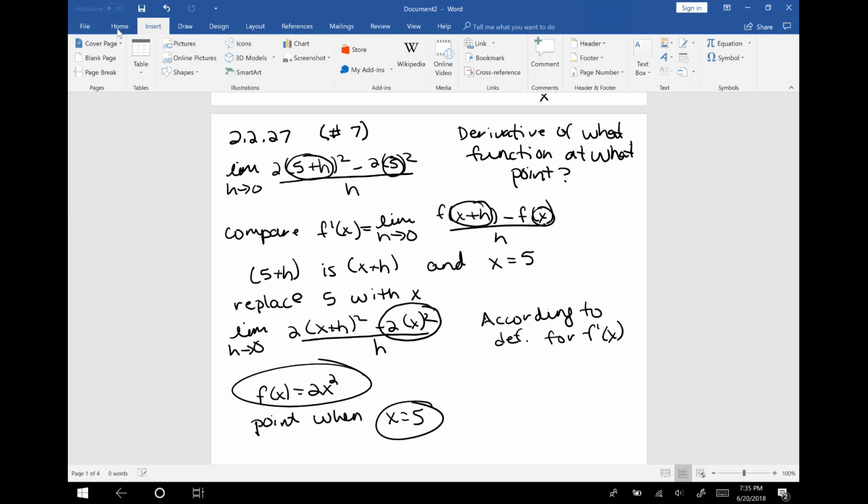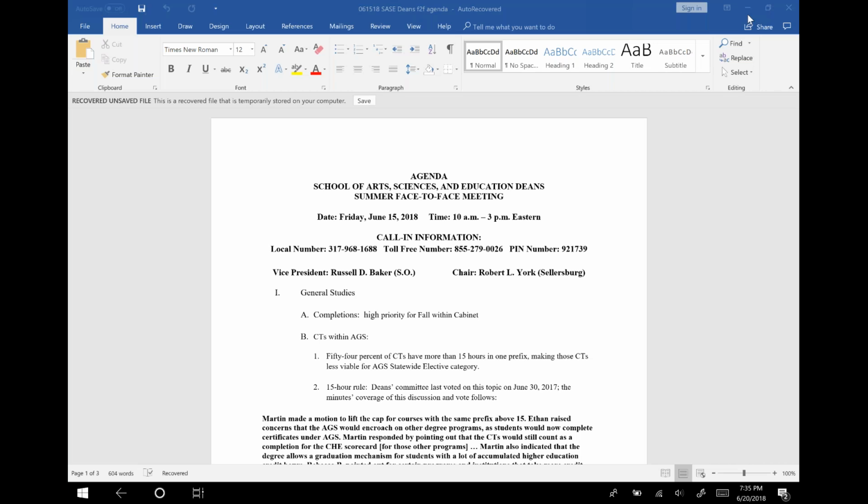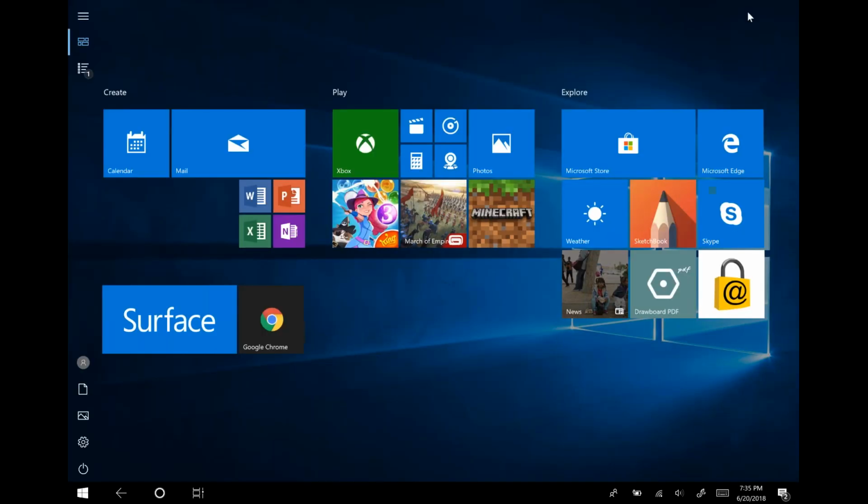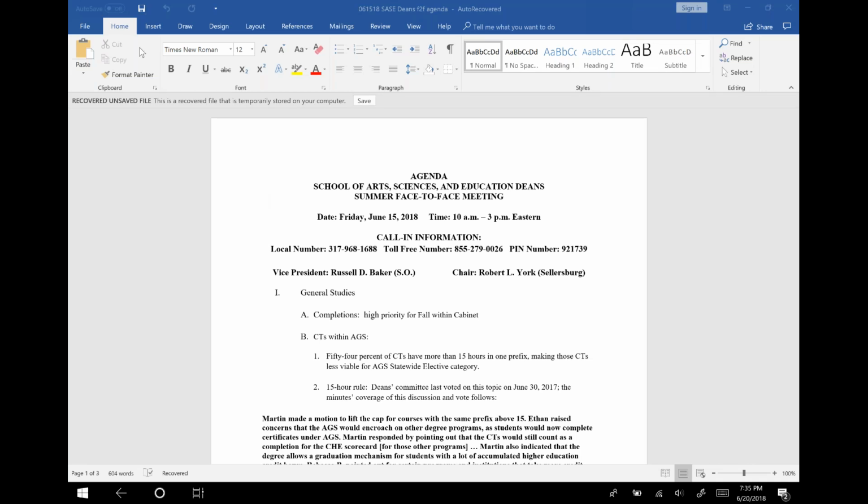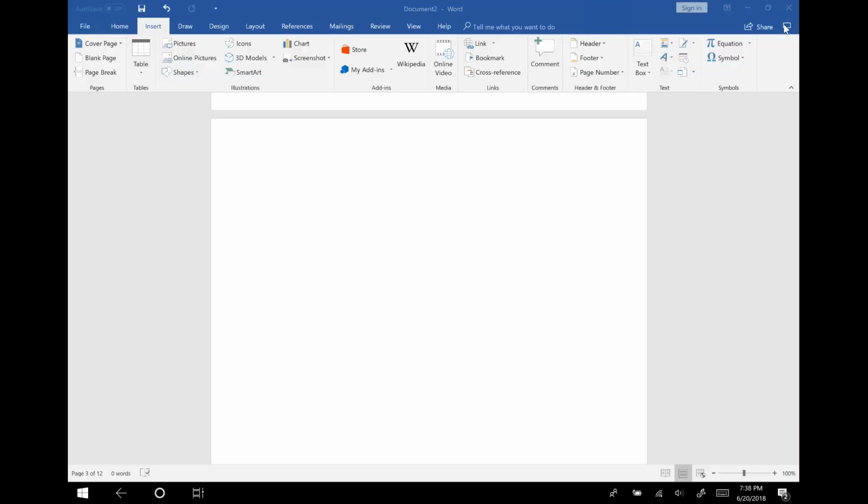And we get another blank page here. All right, so let's look at section 2.3.